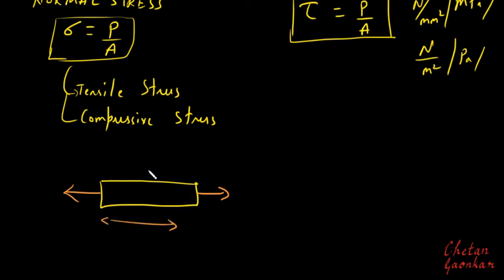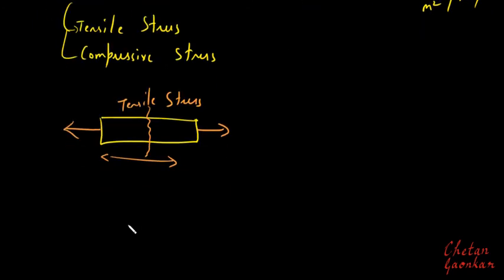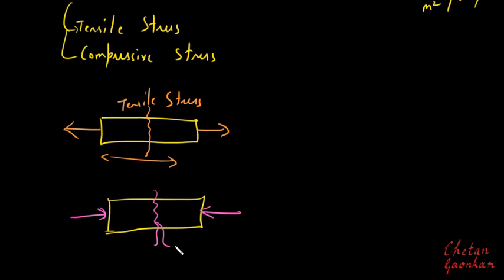So in this case, whatever stresses will be developed inside this material will be called tensile stress, whereas if the material is subjected to compressive forces in this direction, these forces will try to compress this material. So to resist this compression, whatever stresses will be developed will be called compressive stress.